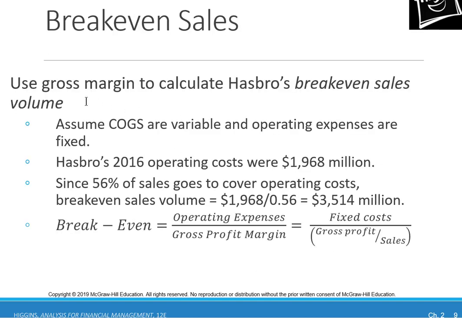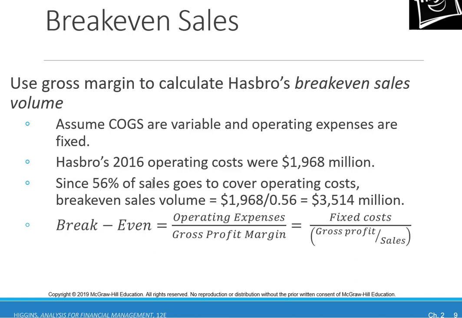So we've talked about this gross margin number, and we want to calculate what's referred to as the break-even sales volume. So again, if we assume that cost of goods sold are variable and that operating expenses are fixed, not necessarily a strict definition here, Hasbro's 2016 operating costs were, again, $1.9 billion.